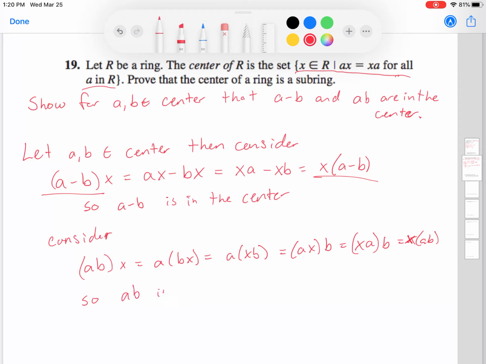Which again shows that AB is in the center.